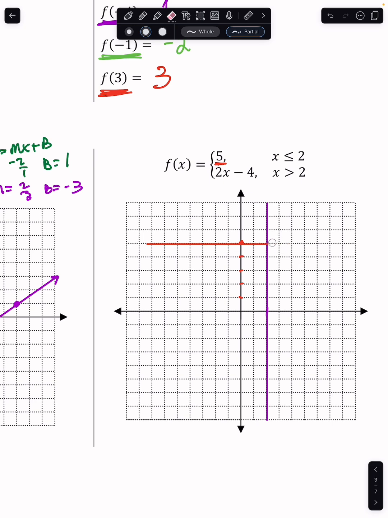That was step 1. Step 2 was to draw the line that I need and erase the stuff I don't. And step 3 was to check and make sure my circle was right. On the purple line, I should have a closed circle, because this is the equal to.